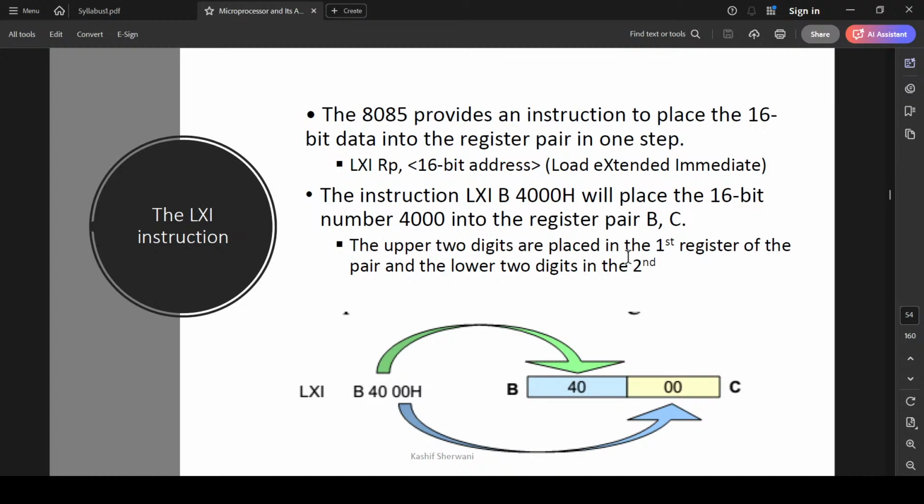The upper two digits are placed in the first register and the other two in the second.